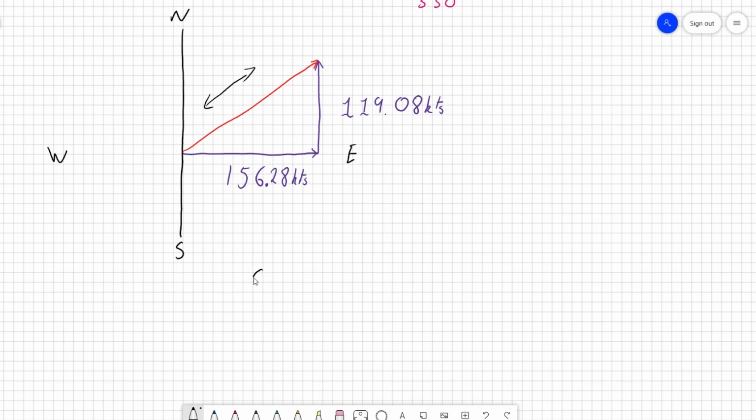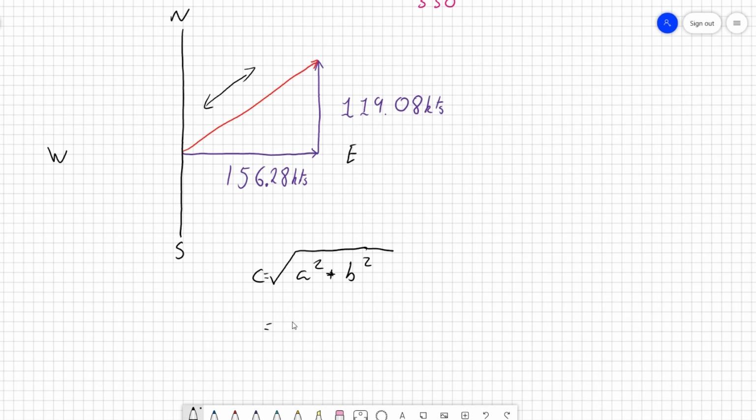Okay, so I guess I'd probably start with the length of this. So if we think to Pythagoras theorem, c equals the square root of a squared plus b squared.